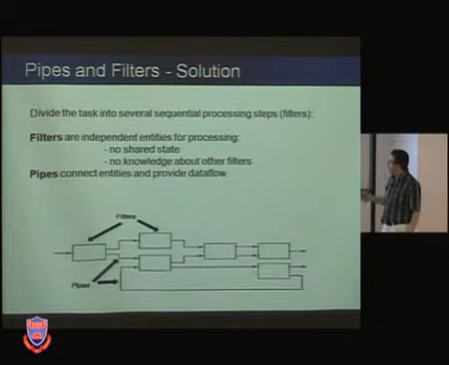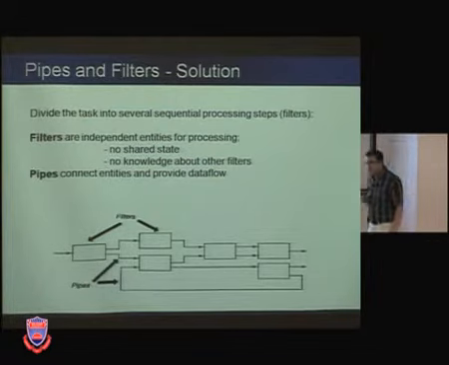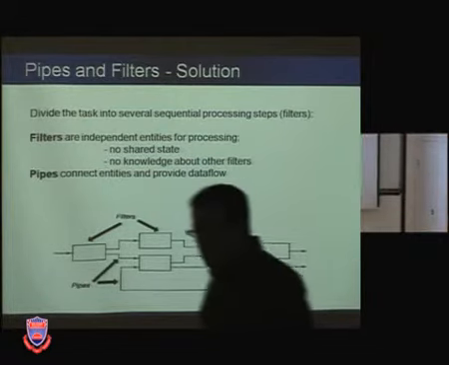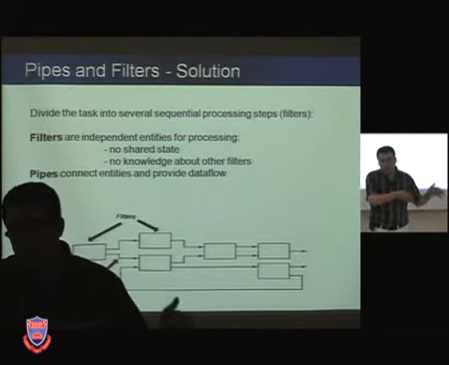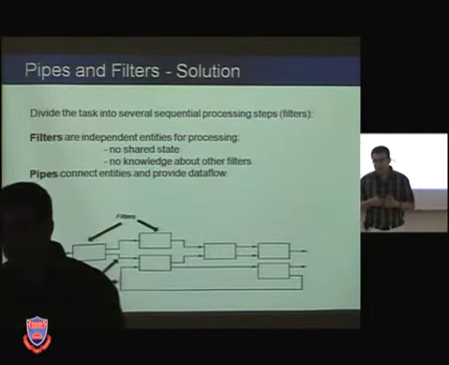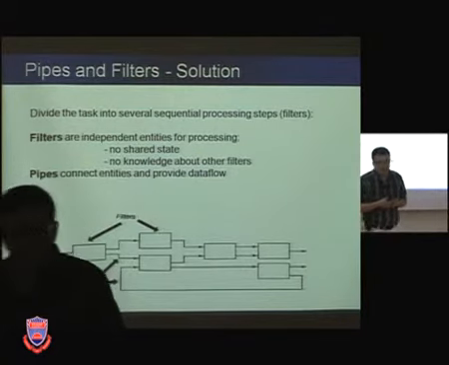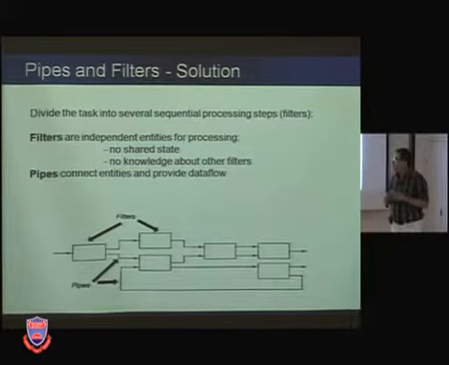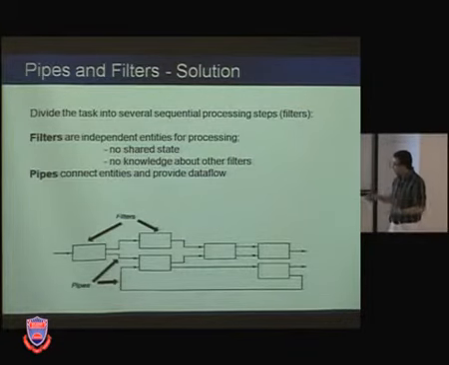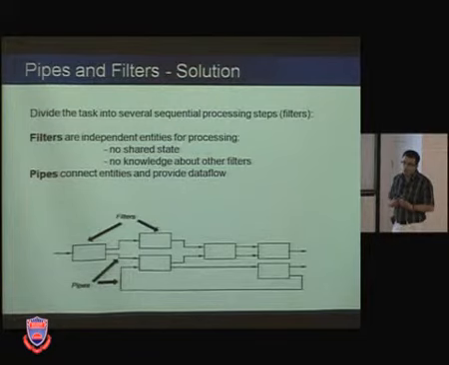There's no shared data among these filters and no knowledge about other filters. The only thing each filter does is its own responsibility: get the data, transform data, put to the output. What's the responsibility of the pipes? Connecting these filters.